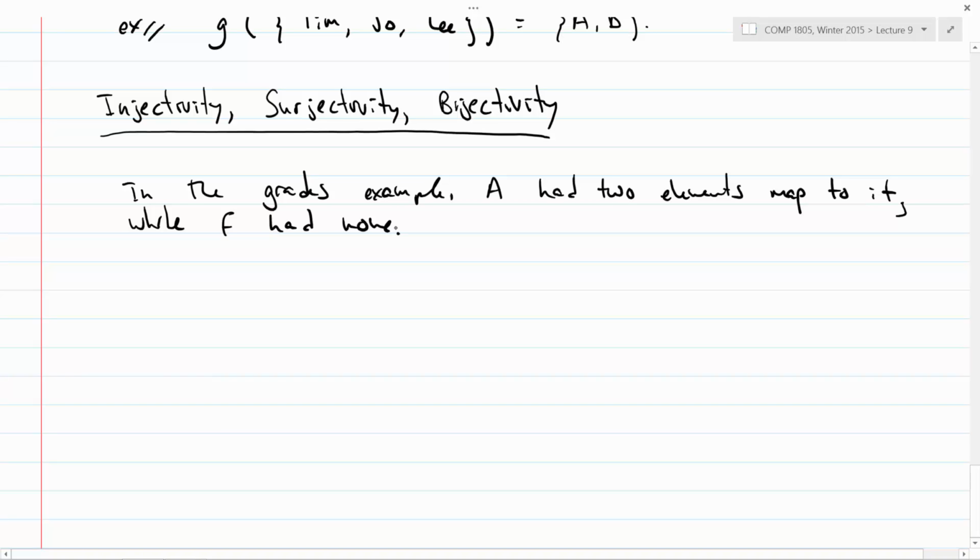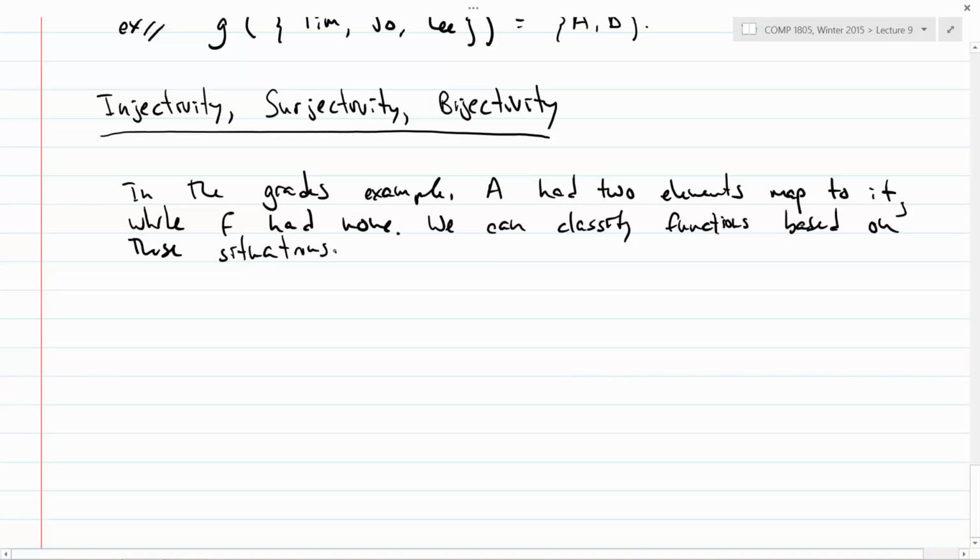So these are special situations that we'd like to use to classify functions. We can classify functions based on these situations.